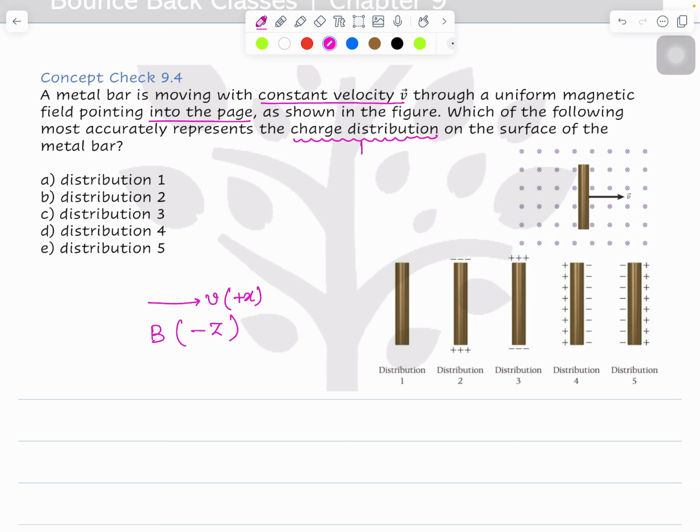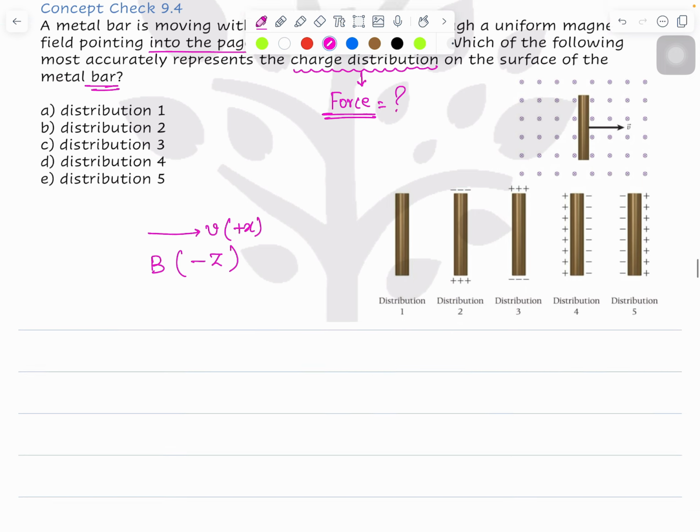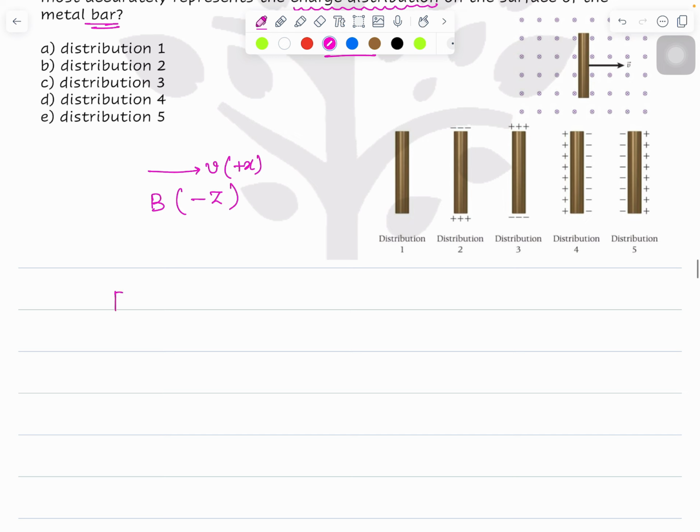Charge distribution means we need to find the force on the surface of the metal bar. As we know, we have a simple formula: F equals QVB sine of theta, or can I say qV cross B? Yes or no? Find the direction of force.